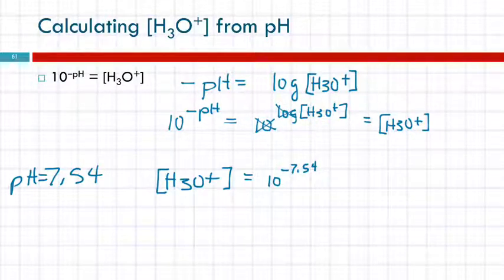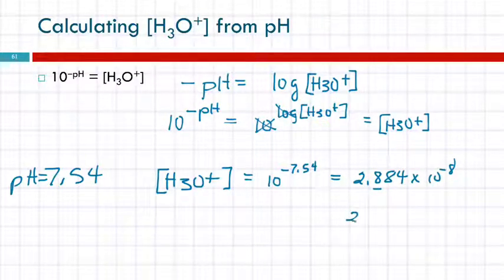Now, where is it asking for the pH of OH? The pOH. We'll talk about pOH in a minute. So this then is equal to 2.884 times 10 to the minus 8, or 2.9 times 10 to the minus 8 molar.